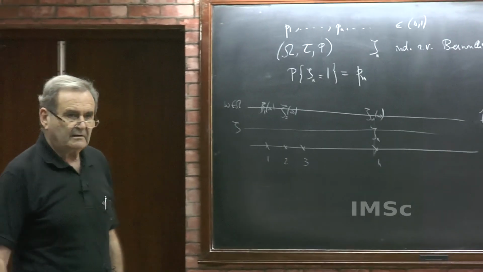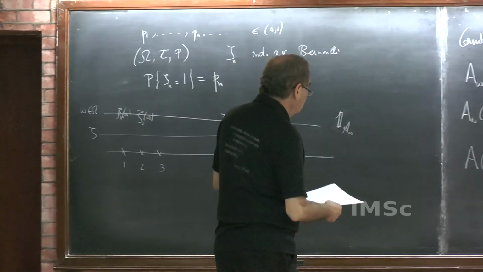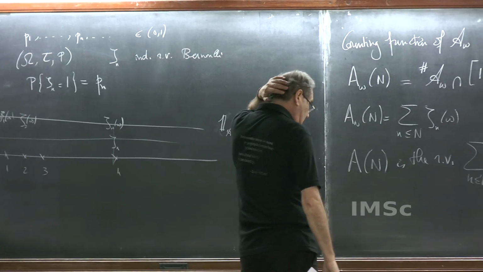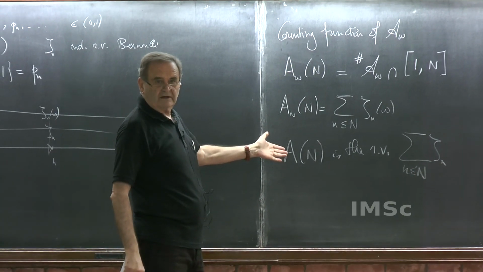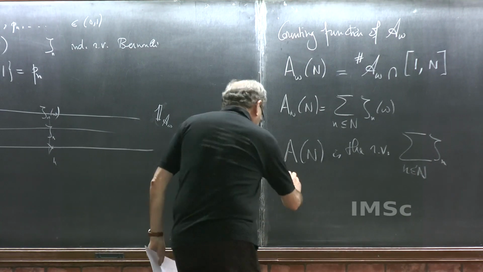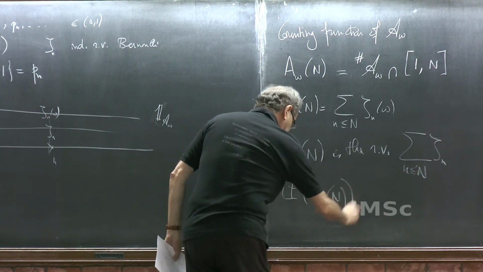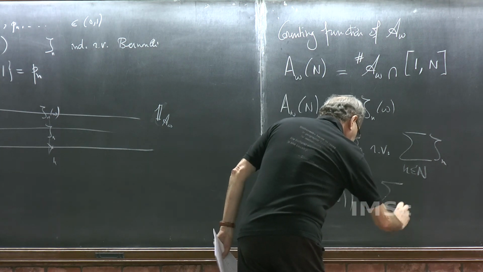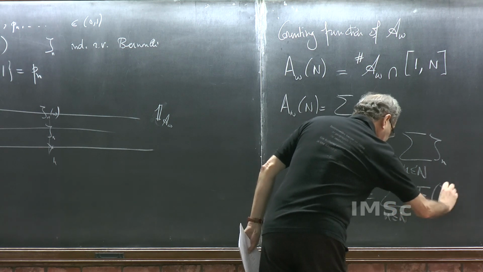So now you have something which will be about the number of the random variable. So if you can know what is the expectation of A of n. This is quite easy to get. Expectation of A of n is simply, since it is linear, it is the sum of the expectation of the zeta n.